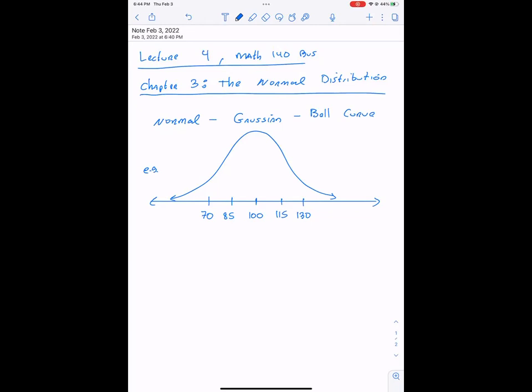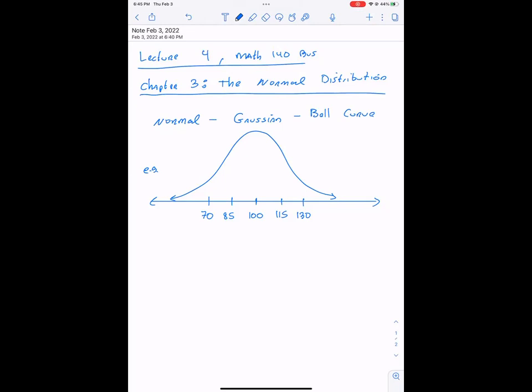It's 100. Why? Because the heights of my curve are a reflection of how likely that outcome is going to be. So 100, which is at the peak, is a very likely outcome. 85 is a somewhat likely outcome. 70 is a somewhat unlikely outcome. And the further I go from the center, the more unlikely the outcome is going to be.